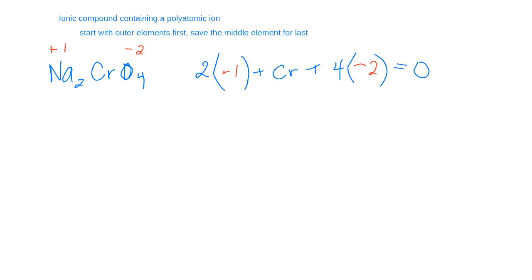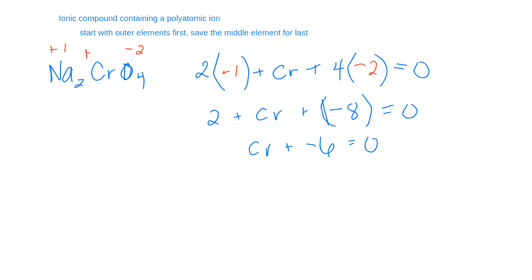So we end up with 2 plus chromium plus -8 equals 0. So chromium plus -6 equals 0. So our chromium has to be +6. And that's how we can determine that.